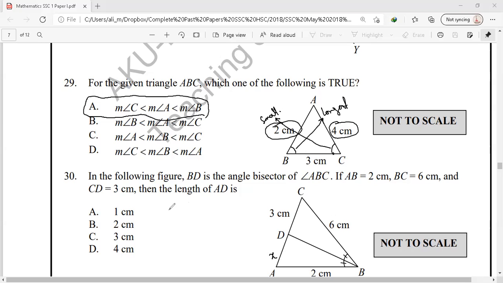So अगर हम यहाँ से ratio form करें, so ratio of AB to CB would be equal to AD and DC. Values को substitute कर देते हैं. 2/6 is equal to x/3.